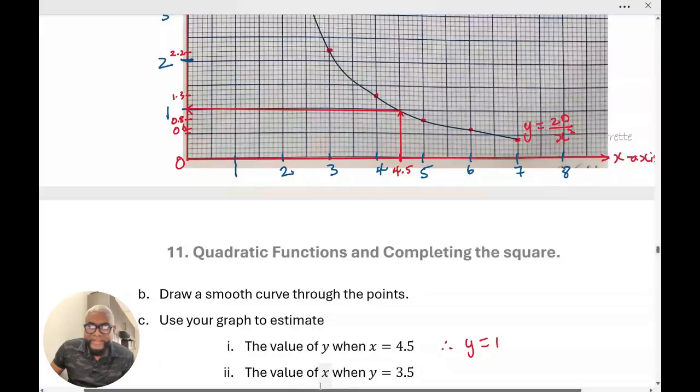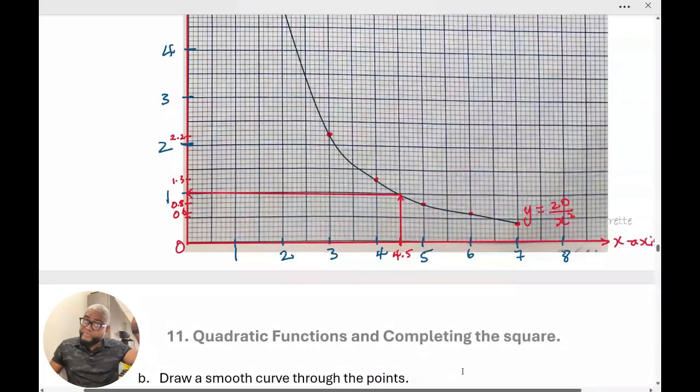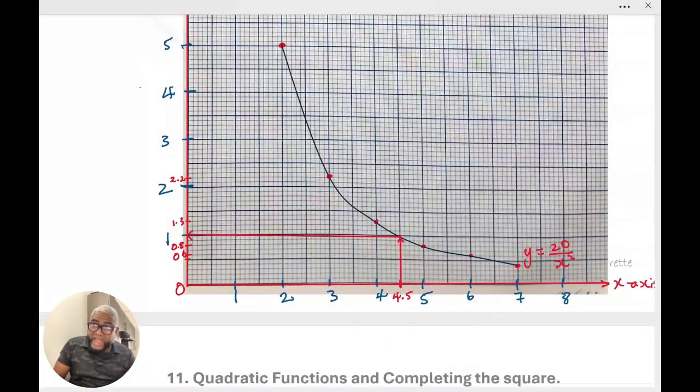There we go. Find the value of x when y is equal to 3.5, right? So y is 3.5 now. So I go to the y-axis. Is y 3.5 here, my children? Yeah. Right? So we go into the graph. No. Guys, that's 2.5. So mine's looking like, I would say, coming straight down on 2.5.